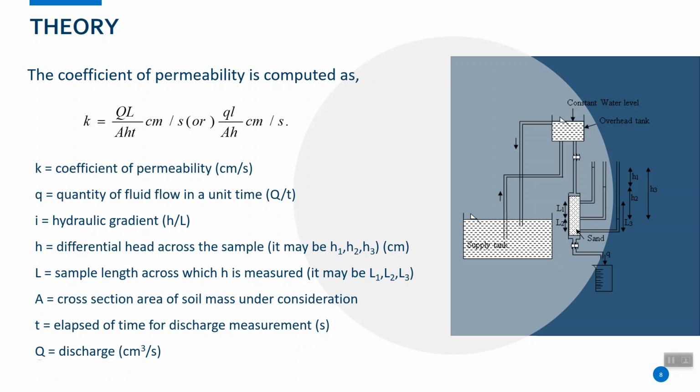A is the cross-sectional area of the soil under consideration. T is the time of discharge. Q is the discharge. You can clearly see from this picture H1, H2, and H3 and L1, L2, and L3.